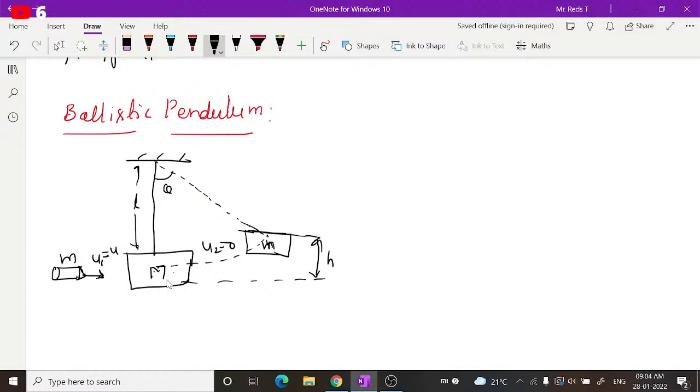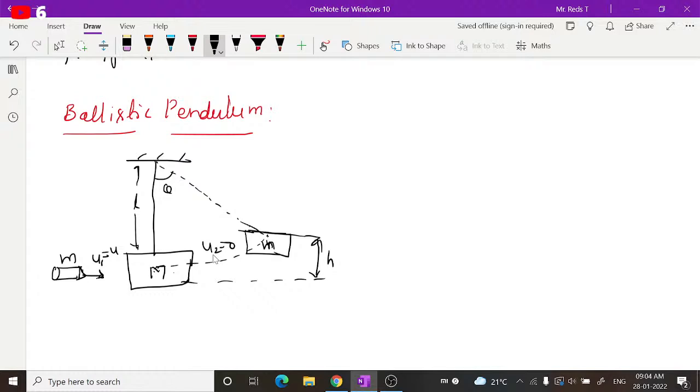You can observe the initial kinetic energy and final kinetic energy, and hence you may be asked to find the loss of kinetic energy of the system also. Loss of kinetic energy is the initial kinetic energy of the system minus the final kinetic energy of the system. So let us try to find the loss of kinetic energy in this case.